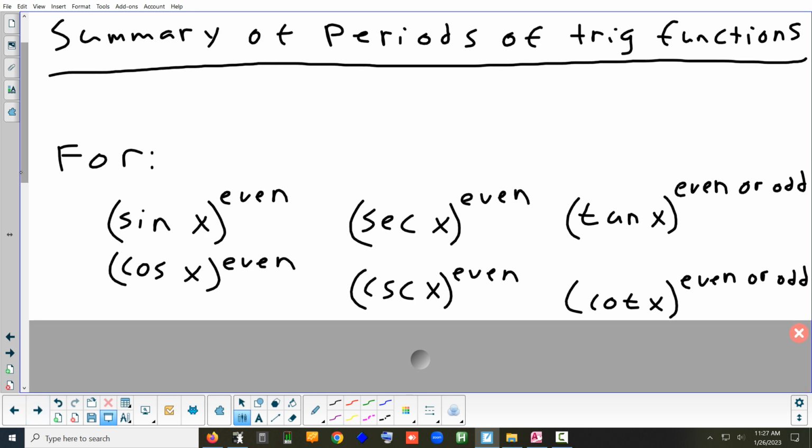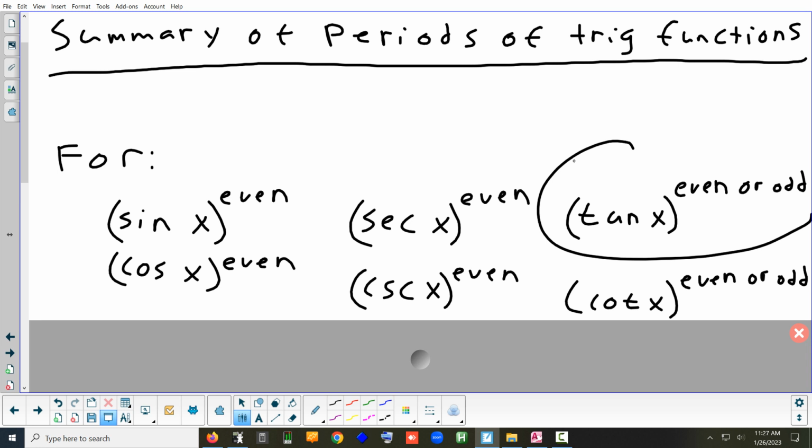But this is going to be the formula if you have sine, cosine, secant or cosecant to an even power, or any tangent or cotangent. Now, because the formula works for any tangent or cotangent, you already know the formula for tangent.